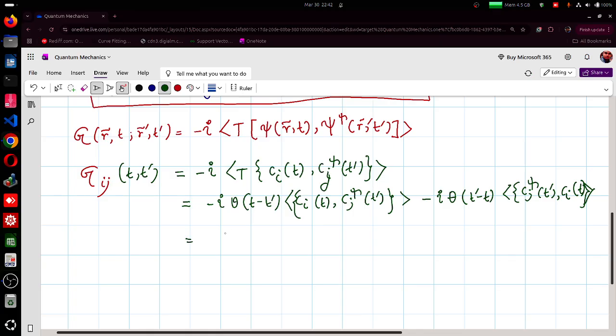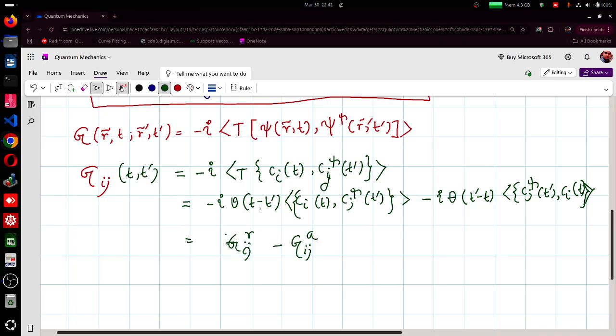So we can express this to be G_ij retarded minus G_ij advance. What do we mean by retarded and advance?